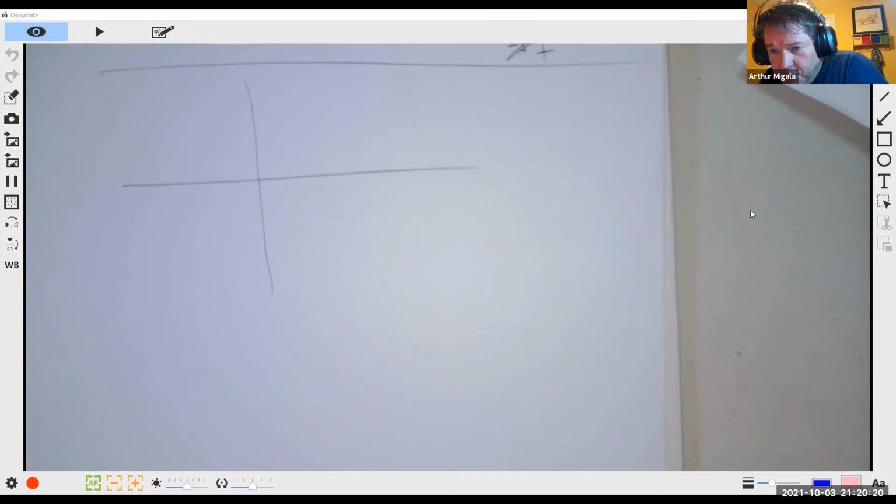Can you see my screen? No. You have to go down to the bottom where it says new share.